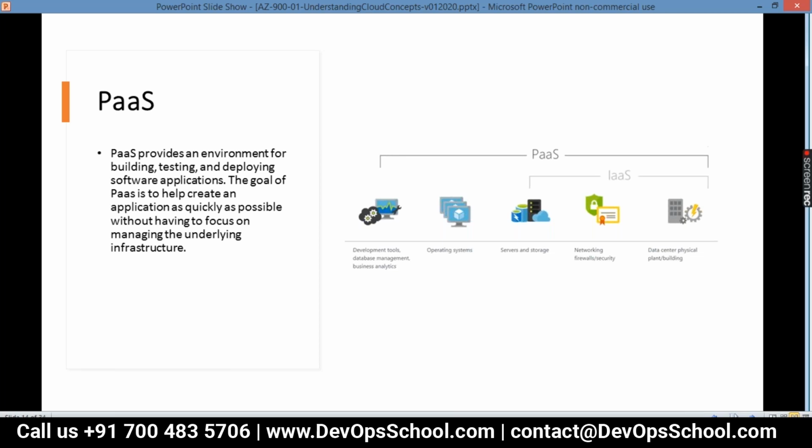Eclipse is a development tool. Also, we use tools for automation testing, like Selenium. Those are also platform as a service.